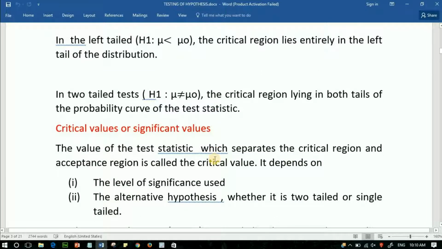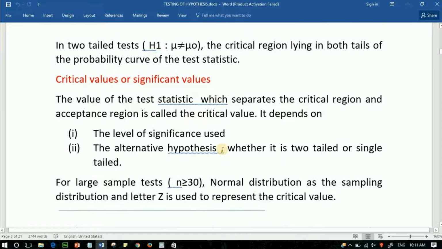Then another important point is critical values or significant values, because it determines whether the hypothesis is rejected or accepted. The value of the test statistic which separates the critical region and acceptance region is called the critical value. It depends on the level of significance and the alternative hypothesis, that is whether it is two-tailed or single-tailed.